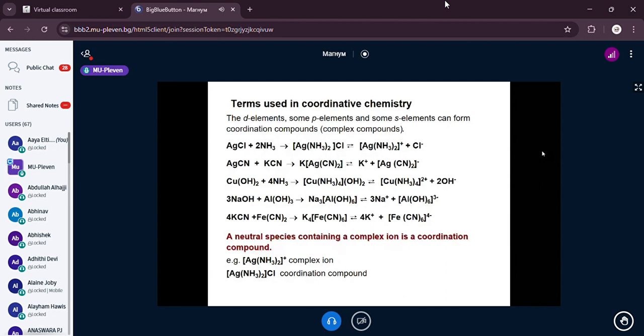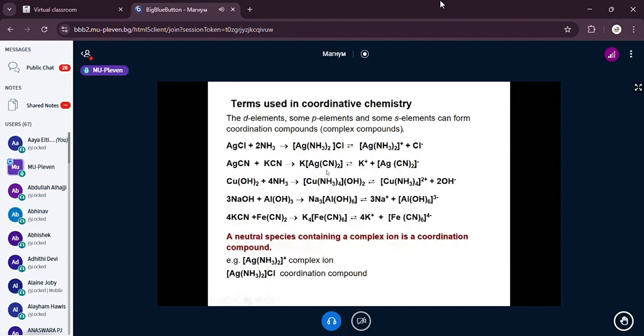For example, salts interact, silver cyanide and potassium cyanide, to form a complex or coordination compound. How can we recognize, looking at the structure, that these are coordination compounds?